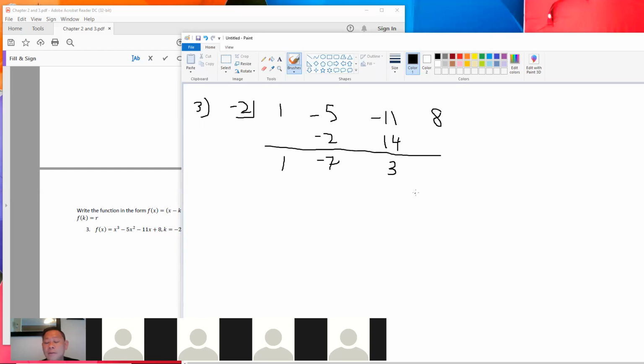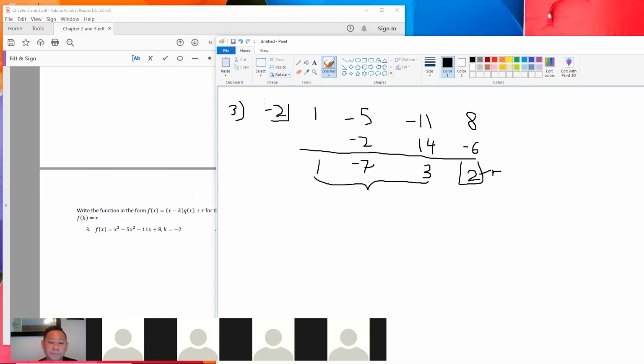And multiply this, you get what? -6. And you add up with an 8, and this is your remainder. Can someone tell me what is your quotient in this case? x squared minus 7x plus 3. You guys okay here?